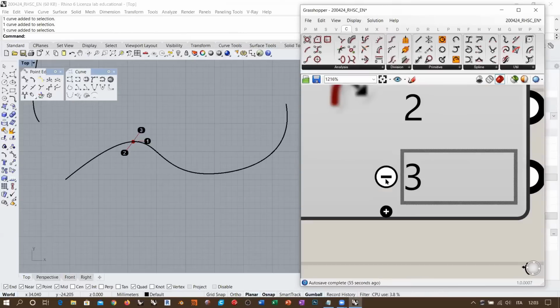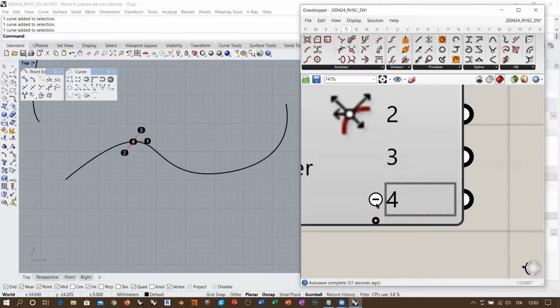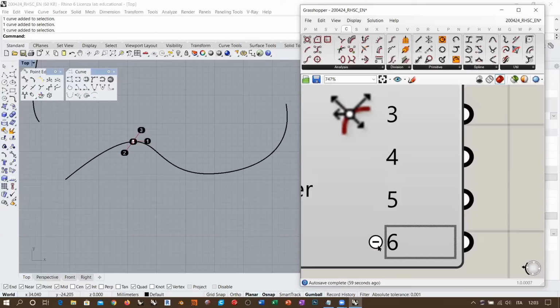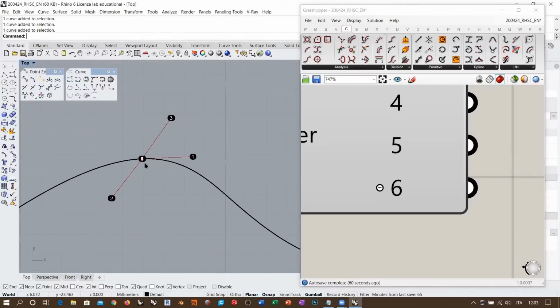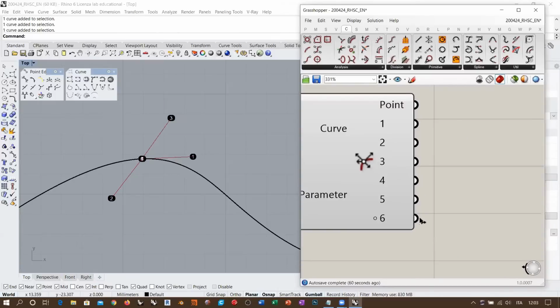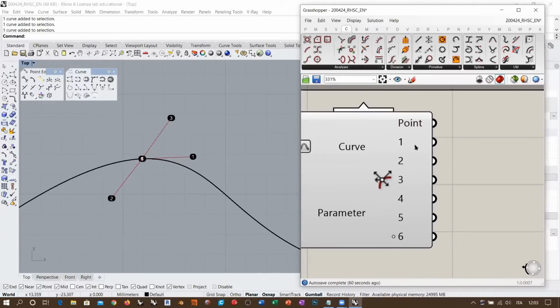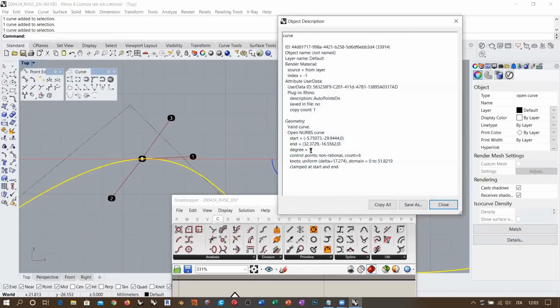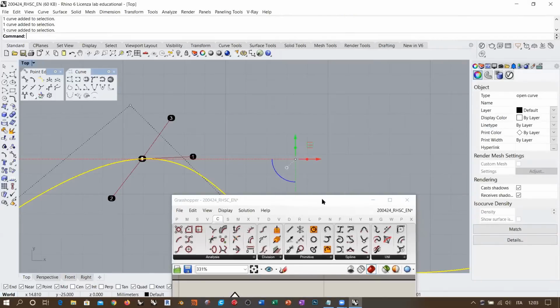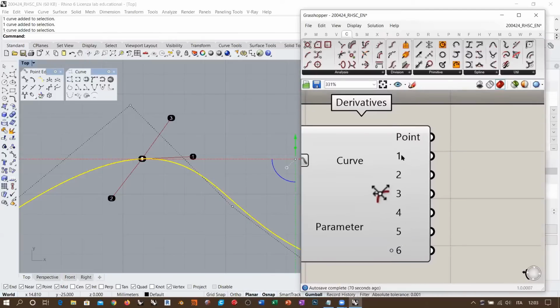And you can also go to 3, you can go to 4, 5, 6. You can see that 4, 5, 6 are actually coincident in the point because they are null. So you have a degree 3 equation because this is a degree 3 curve. And you have first derivative, which is an equation in general with degree 2.